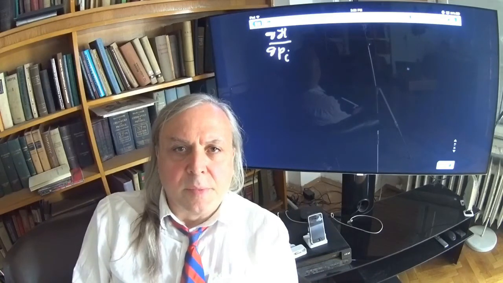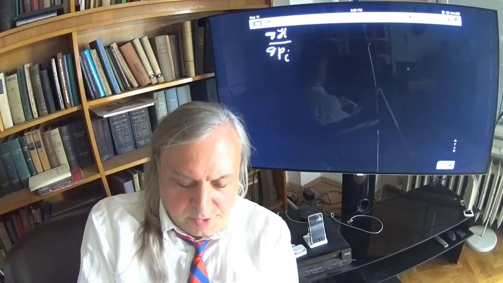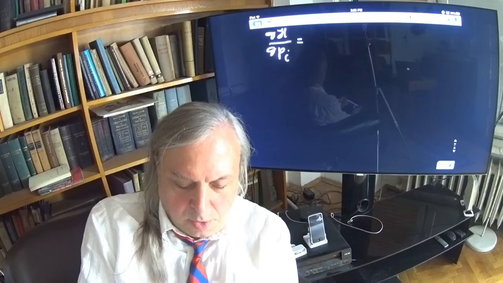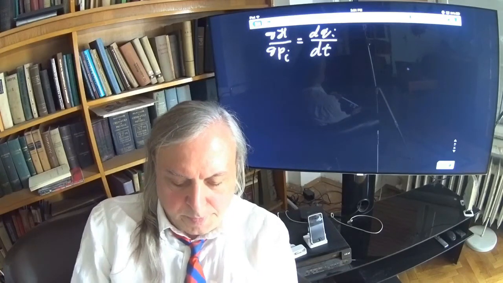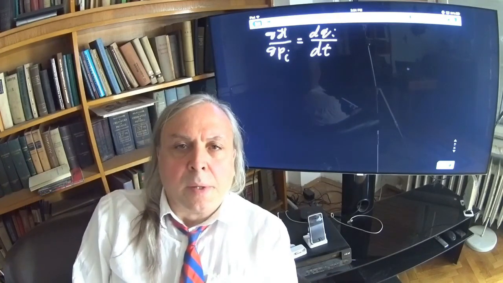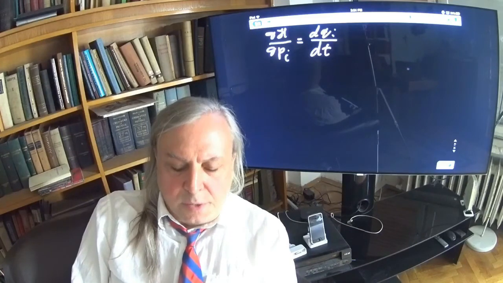Thus we have partial dH over dp sub i, where H is the total energy of the mechanical system and p sub i are the generalized momenta, and this is equal to dq sub i over dt, where q sub i are the generalized coordinates.